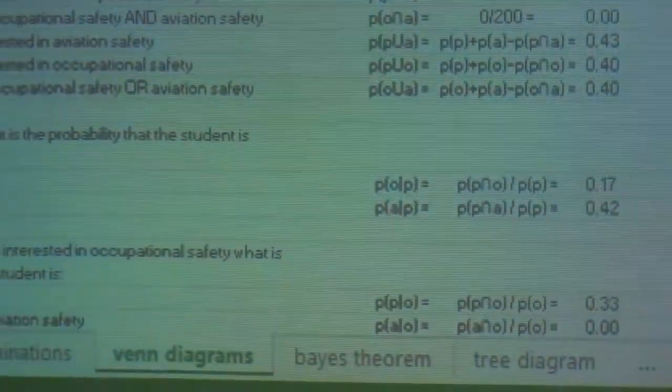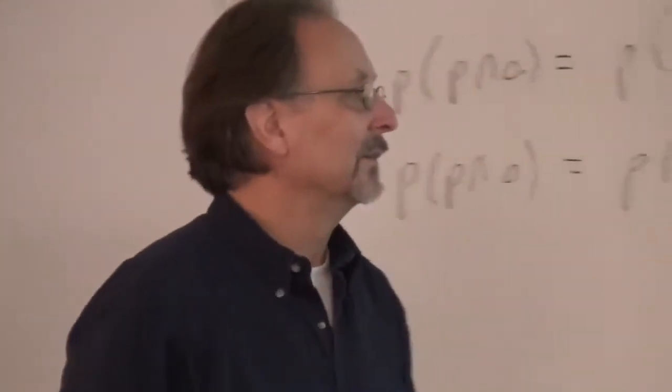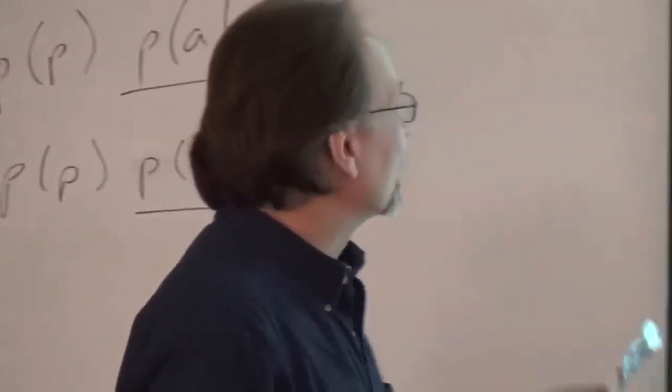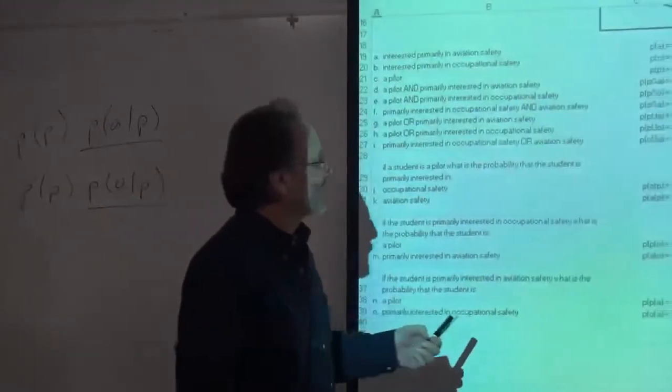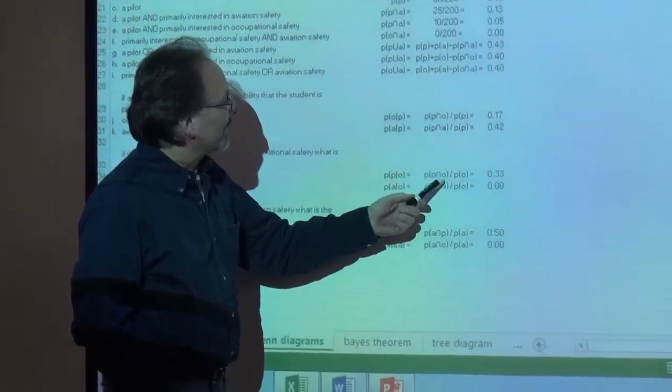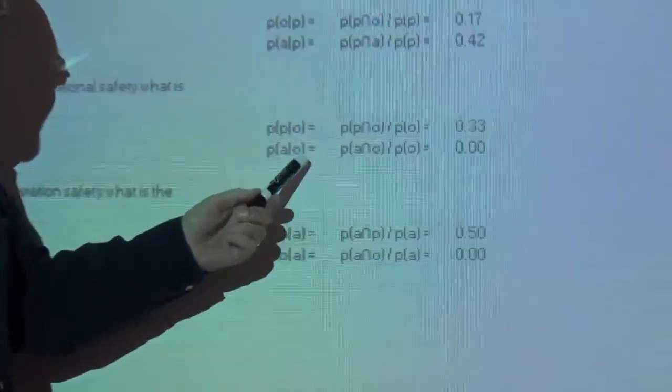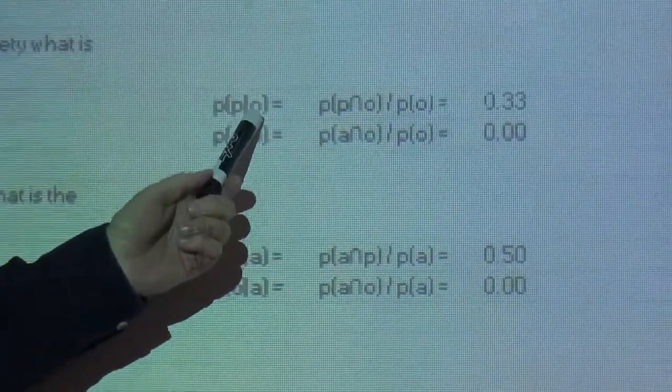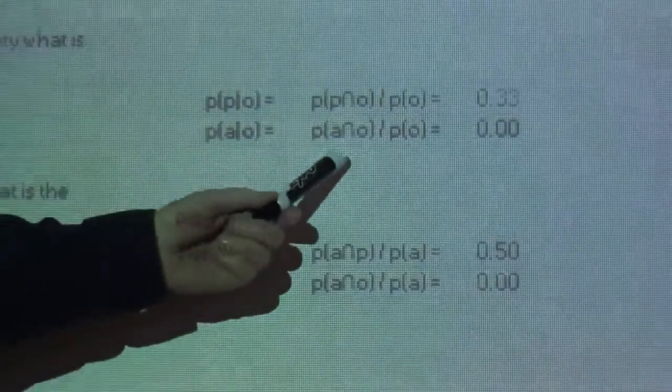And so it's just a matter of manipulating the intersection and conditional probability equations. And then finally, I did the same thing for all of them, and it's the same relationship. So we have pilot intersect with occupational, and you can solve for the conditional probability.